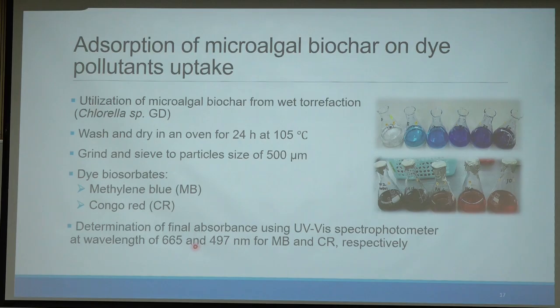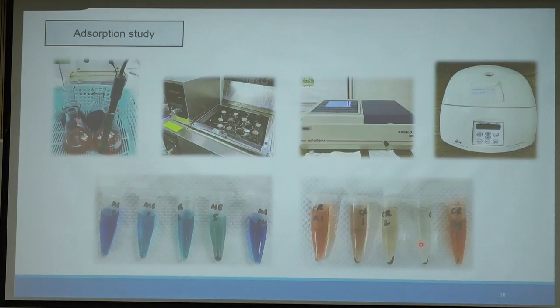We determine the final absorbance using UV at wavelengths of 665 and 497 nanometers for methylene blue and Congo red respectively. This is the method that we use to analyze the sorbent capabilities.